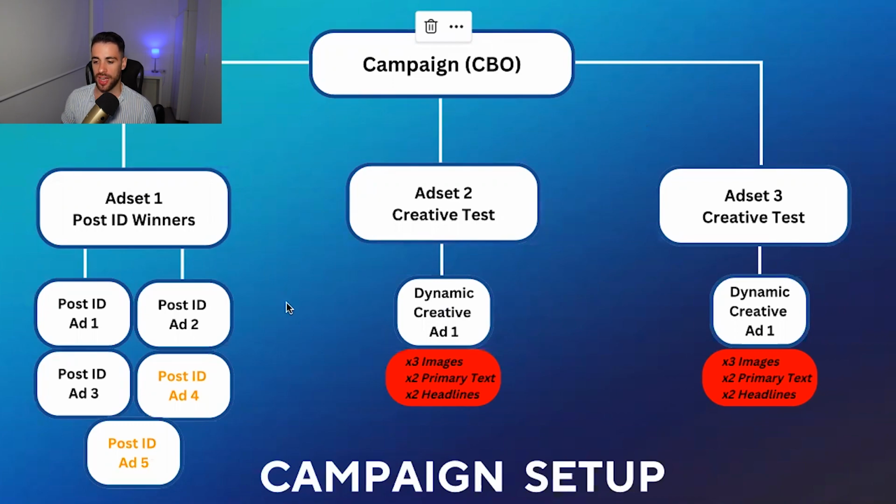So you want to do that. What I would say as well is, sometimes you'll find where you take the winner out of this, you put it into here. This isn't able to outperform that. No problem. Just leave it running and keep trying to test new things and trying to beat it.